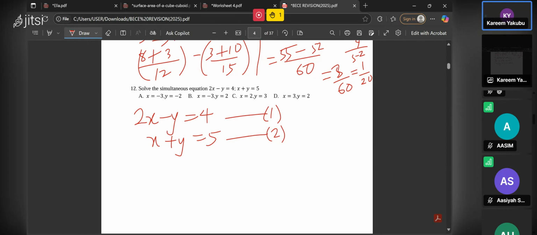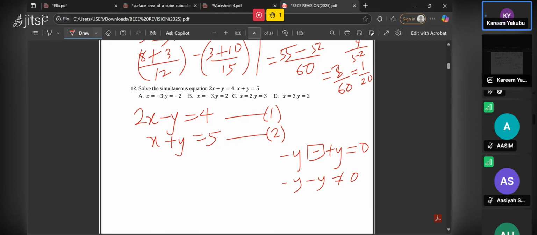In this case, when you have minus y and plus y, we want to make it 0. So what are we going to put between minus y and plus y? If I put minus between them, minus times plus will be minus y, so this will not be equal to 0.